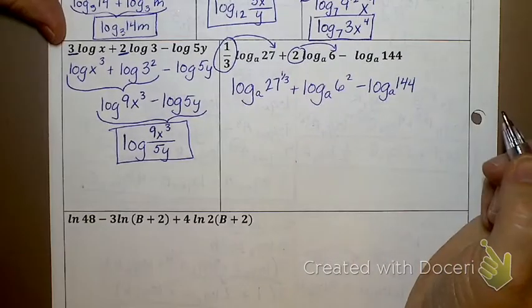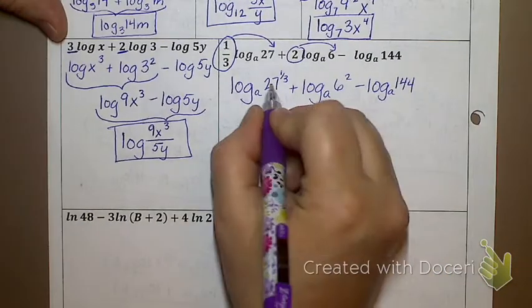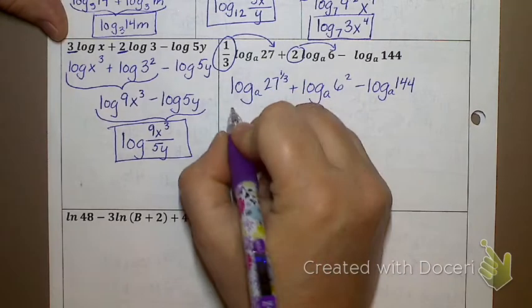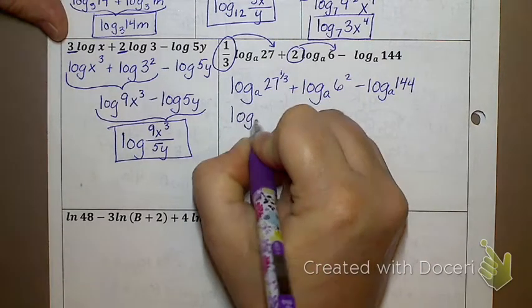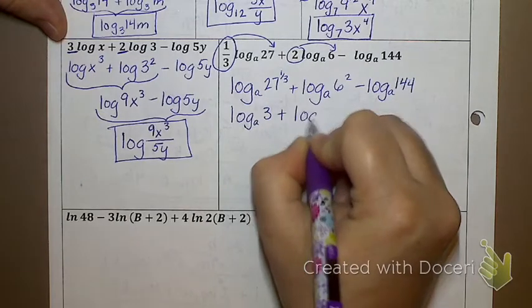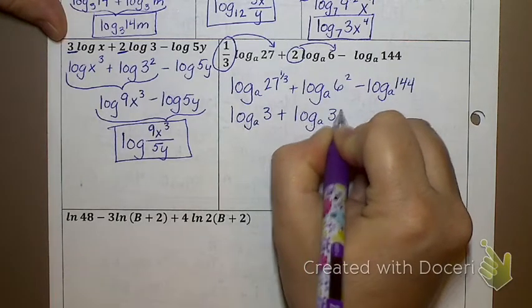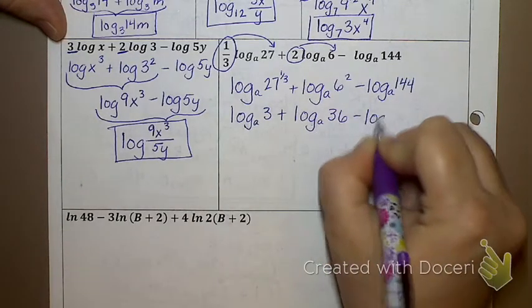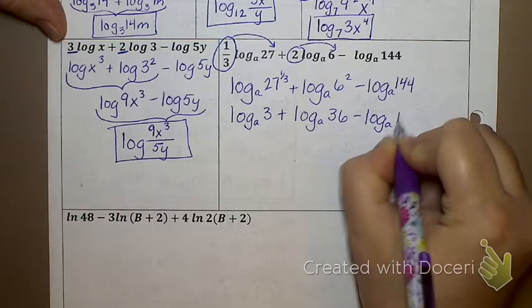So far, so good? What is 27 to the 1/3 power? So I really have log base A of 3 and 6 squared, 36, minus log base A of 144.